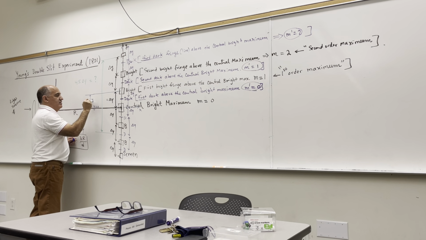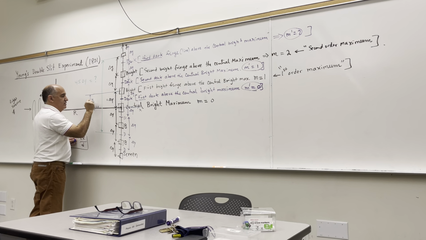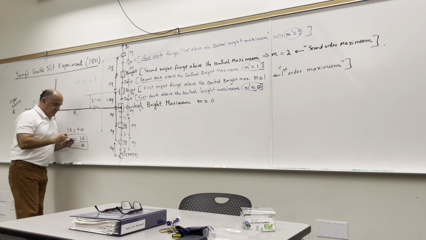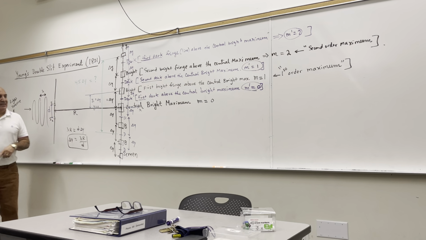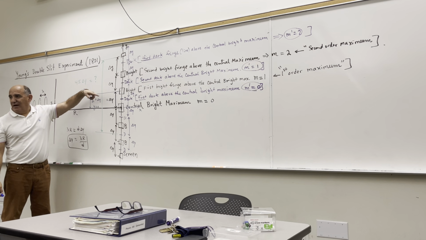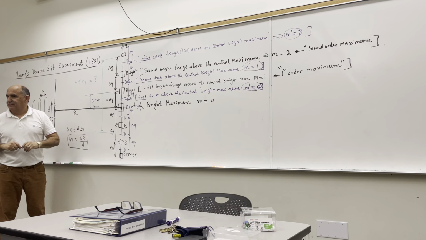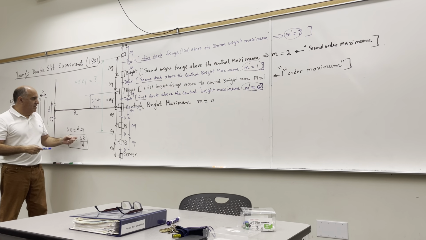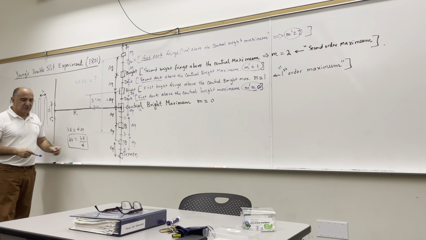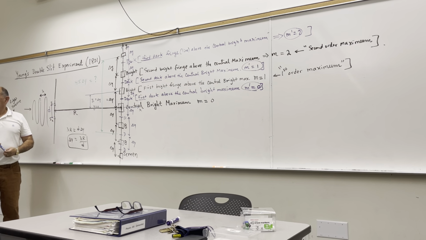It's y, the first bright with m equals 1. That's just delta y, right? So if I get the distance to the first bright spot above the center bright maximum, then since they're all the same, I have all of them. I need to show that delta y is equal to lambda r over d.